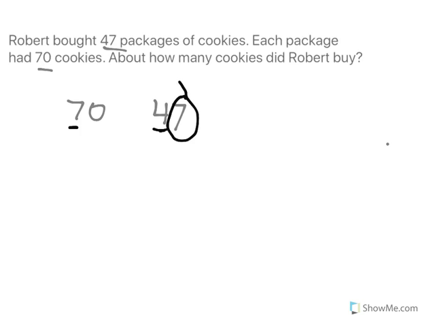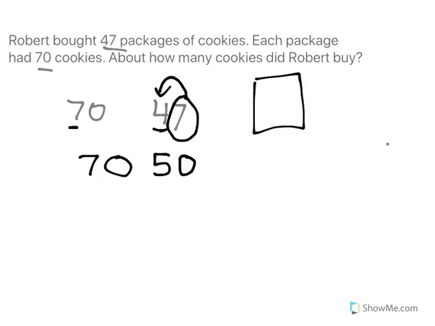So again, the 7 is the boss. The 7 tells the 4 to, that's right, to go up, which turns it into 50. So this one's a little bit trickier. This one is a multiplication problem. The way that I know they're asking me to multiply is if I think about one package of cookies, and let's say that it had 3 cookies in it, and then I think about another package of cookies, and it also has 3.